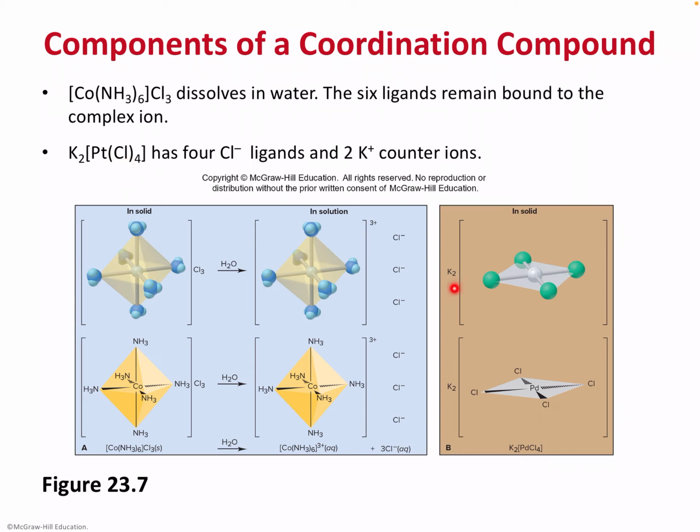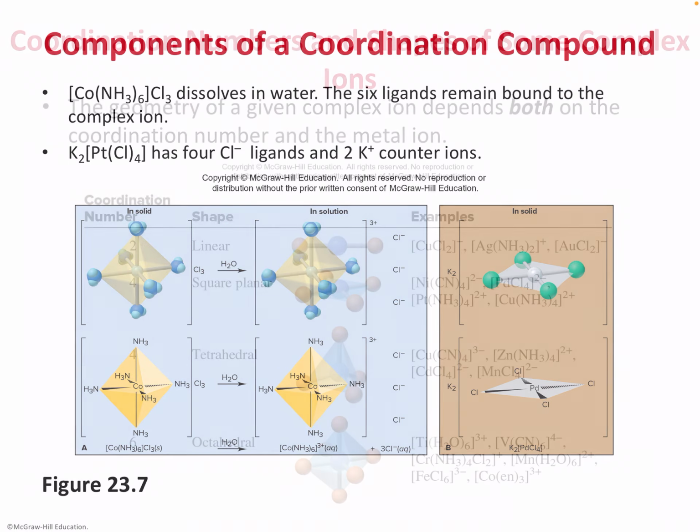So this is potassium in the solid form. It's all intact, platinum in the center, and then the 4 chloride ligands. When you draw it showing the ligands, palladium is in the center, these are going to be your 4 chlorides, and then the potassium.